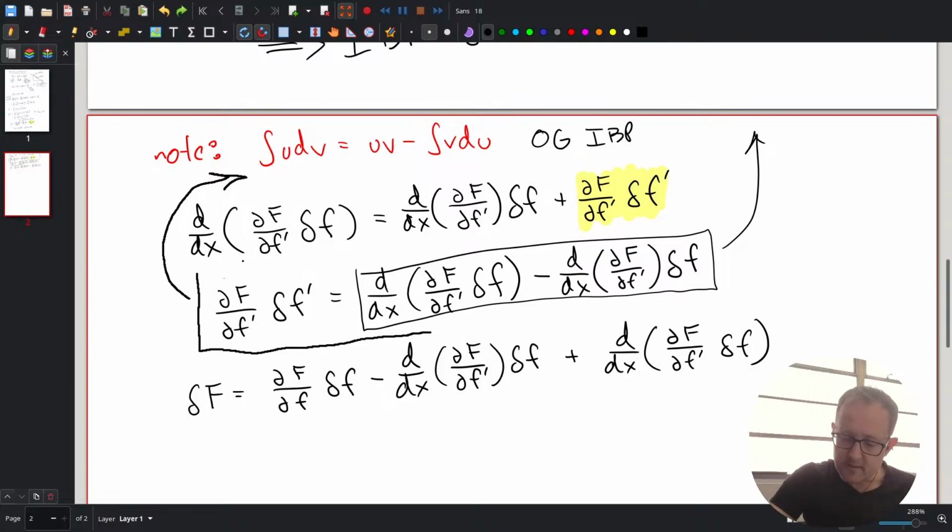If I call this u and that dv, this becomes a v du and a u dv. I'm trying to remember how it flips.